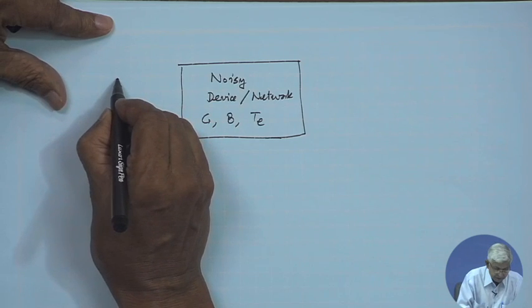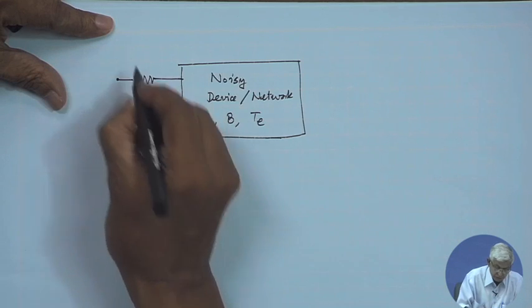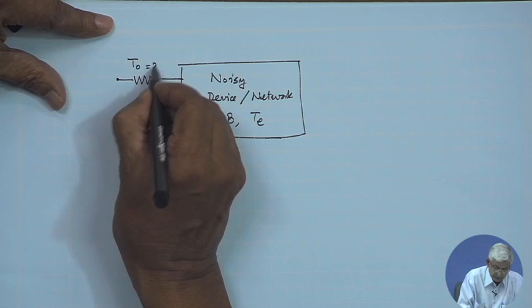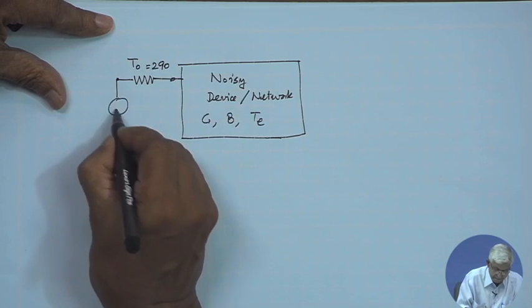Let us assume the input to this is a source which is at normal temperature T0, 290 degrees, and it is matched to this source.